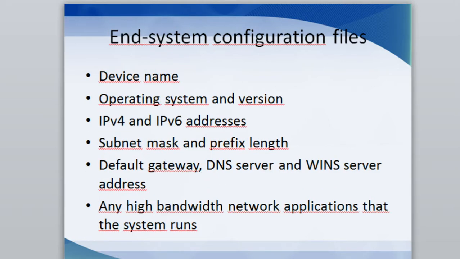And the end system configuration files. These files share some similarities with the network configuration files, but as you can see by the name, those are files that contain only end user system devices.